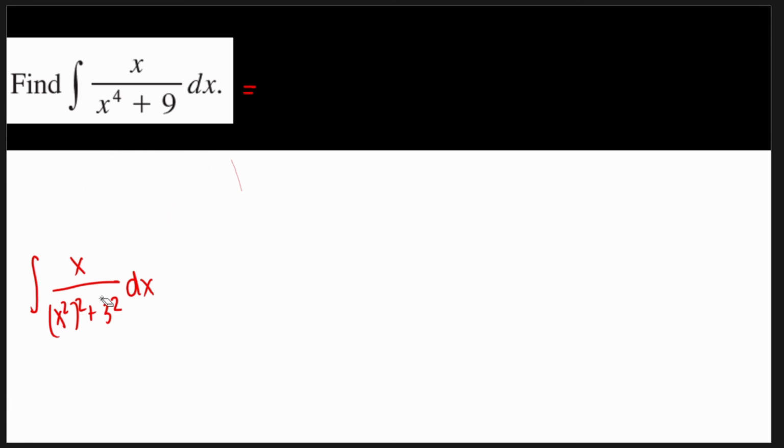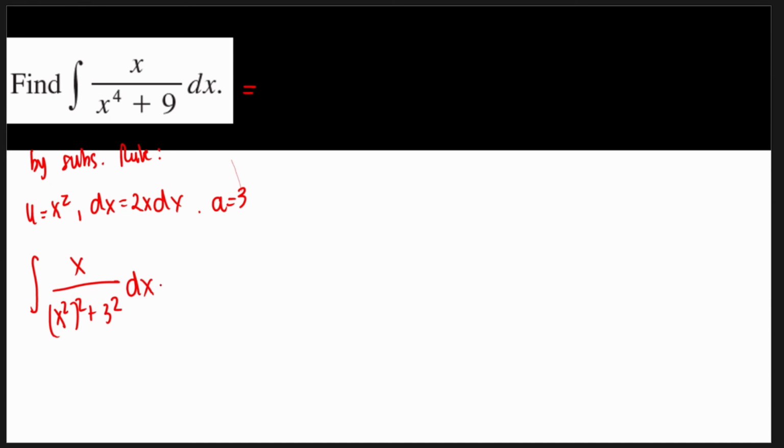And so we write this by the substitution rule. Our u here should be equivalent to x squared, so your du is equal to 2x dx, and also your a here should be equal to 3, right?